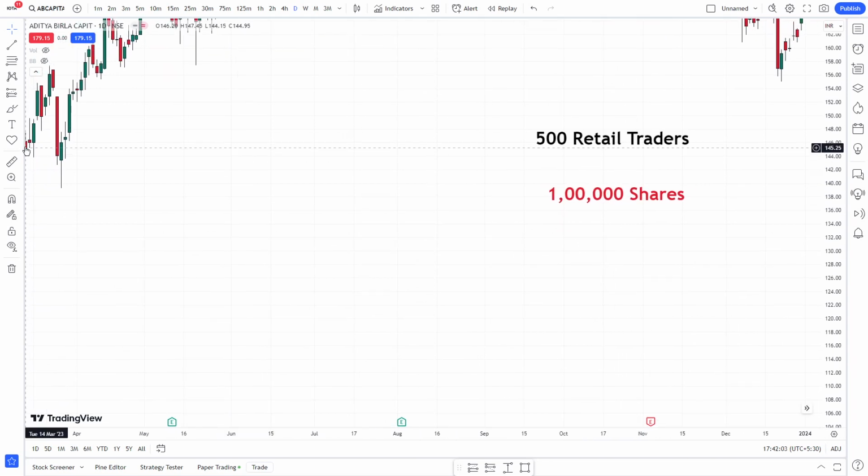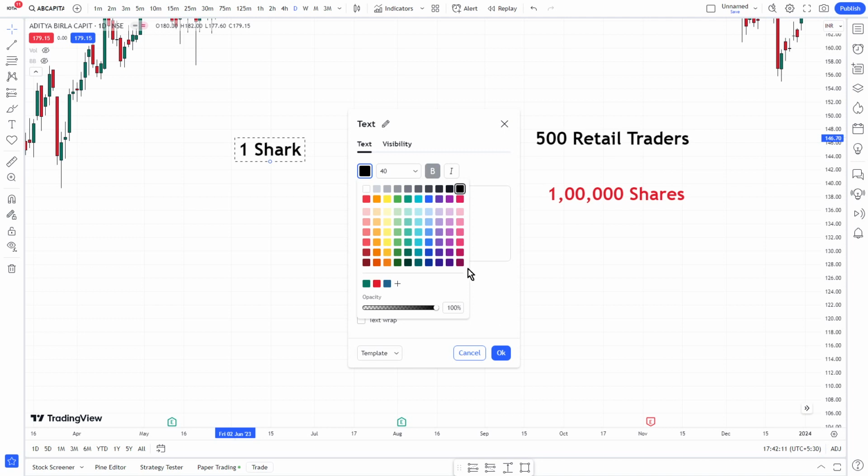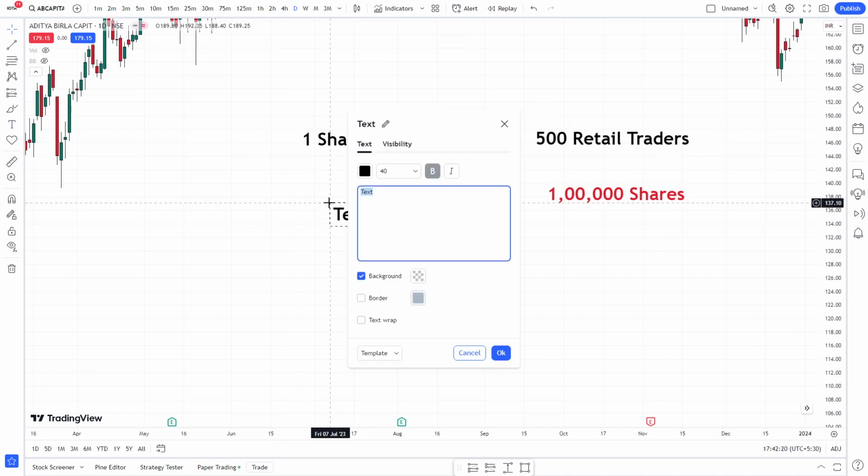And now we have one shark. I hope you guys now know what a shark is. Now we have one shark here, and this shark is looking to buy 5 lakh shares.